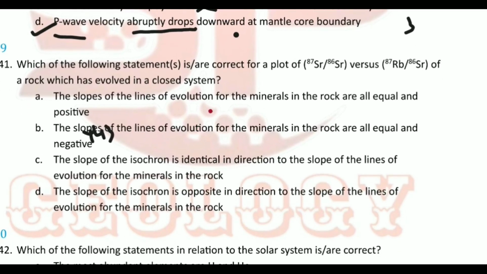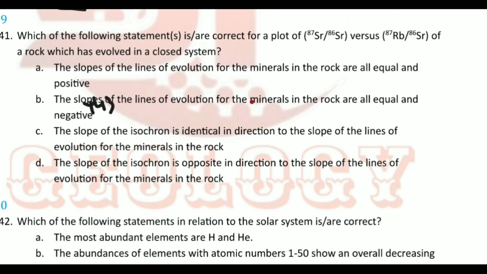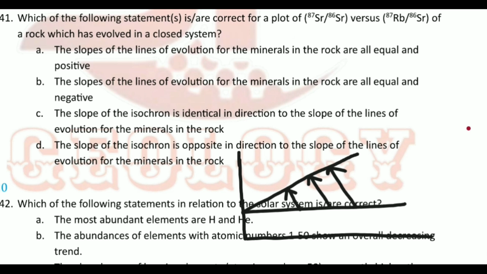Which of the following statements is or are correct for a plot of strontium 87/strontium 86 versus rubidium 87/strontium 86 of a rock which has evolved in a closed system? So this is the isochron graph. The slopes of the lines of evolution of the minerals in the rock are equal and positive.